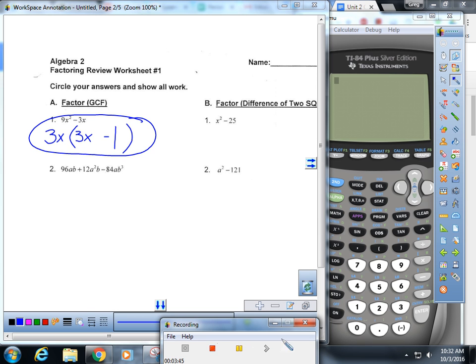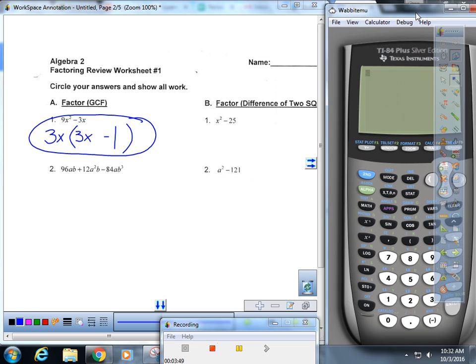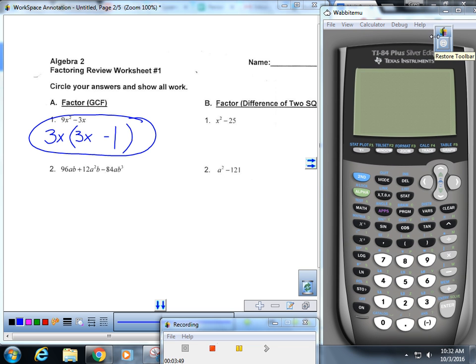Okay, so I rearranged the screen for the second one. Okay? And we're just using our calculator here, not in the graphing setting, but just as like an old school calculator with numbers. Because now we might have to do a little guessing and checking to figure out the biggest number that goes into 12, 84, and 96.